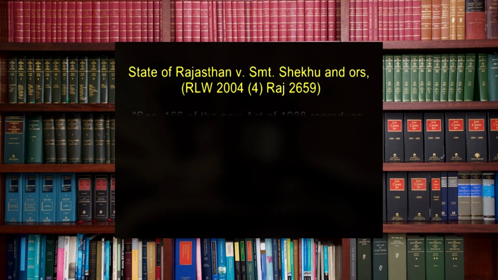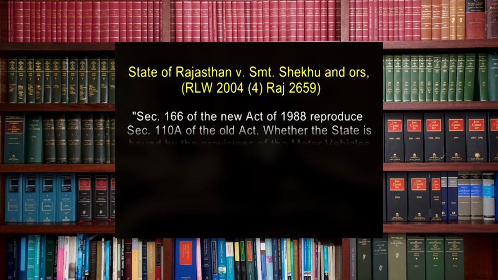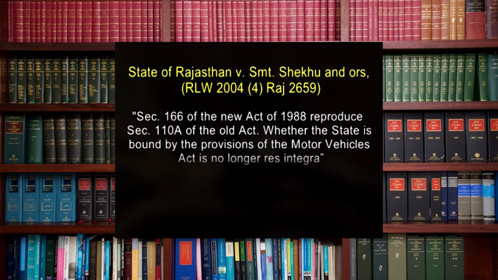Friends, Section 166 of the new Act of 1988 reproduced Section 110A of the old Act. Whether the state is bound by the provisions of the Motor Vehicles Act is no longer res integra.